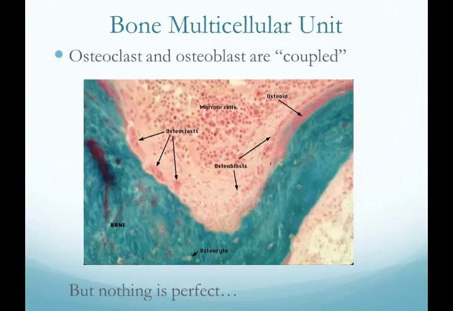So these are supposed to be coupled, and the unit that they work in together is called the bone multicellular unit, or BMU. Some people call it bone metabolic unit. But as much as they try to work together and be like a good couple, nothing is perfect.